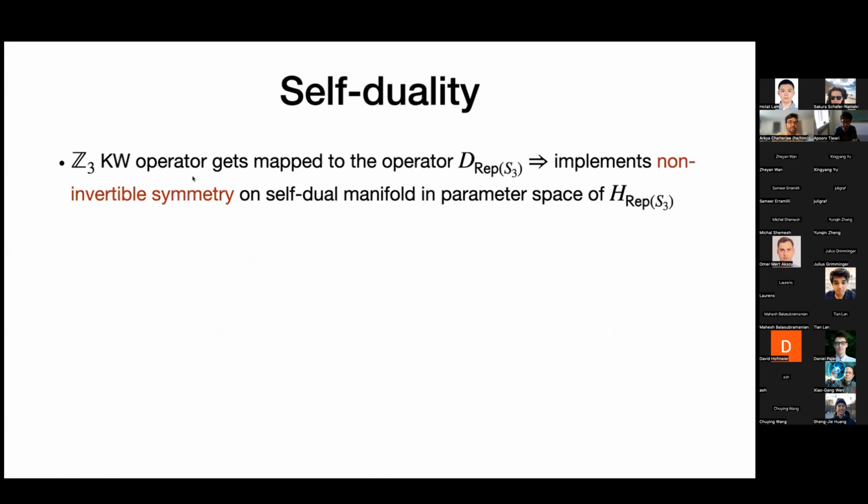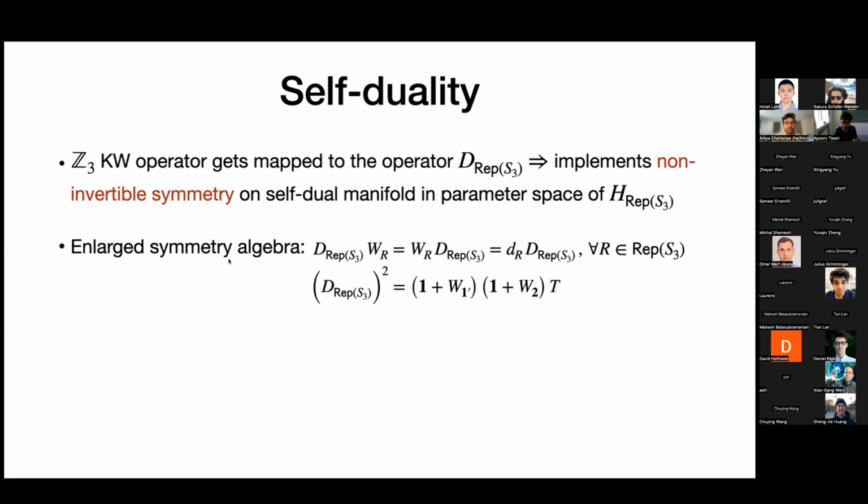Since our original Hamiltonian had some self-duality operator, once you gauge that operator, so you do the same minimal coupling game, you get a new operator, which I'm calling D sub Rep S3. And this new operator also implements some non-invertible symmetry in some corresponding self-dual parameter manifold.